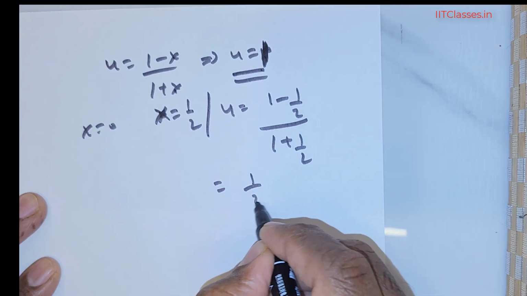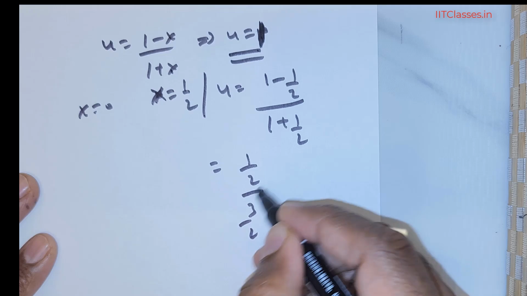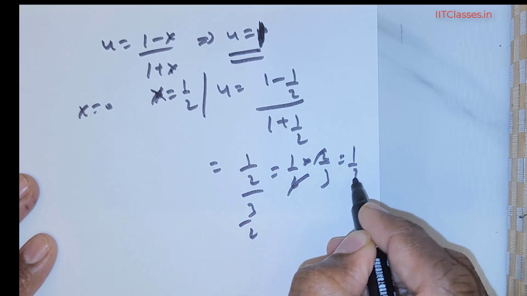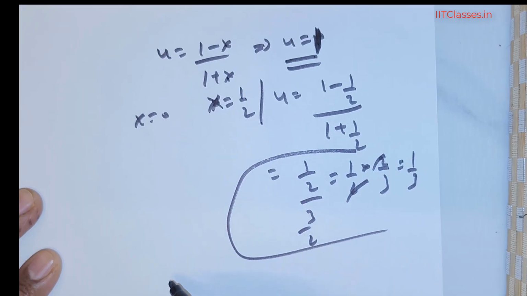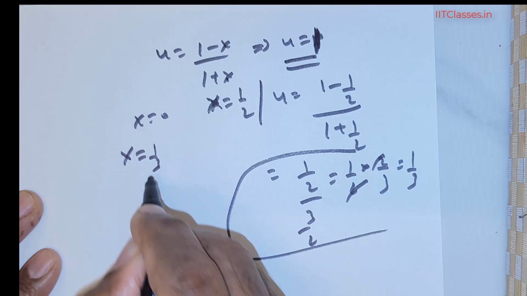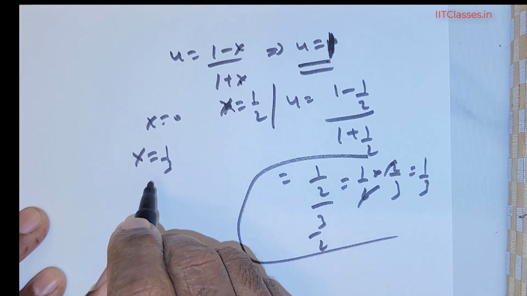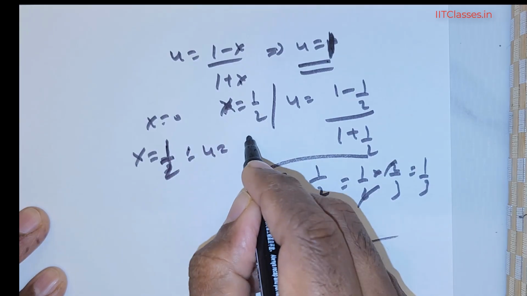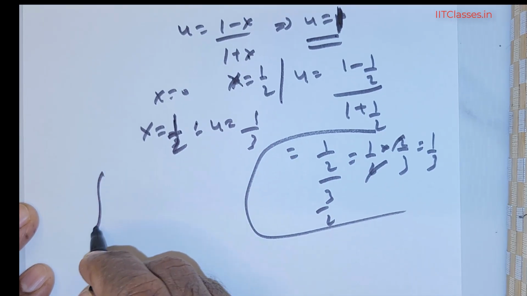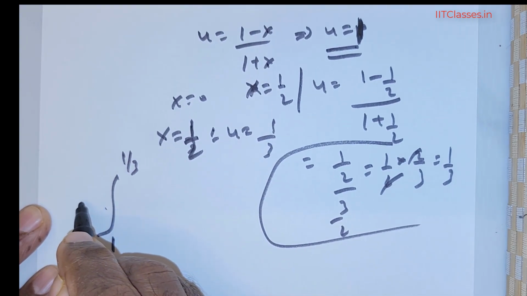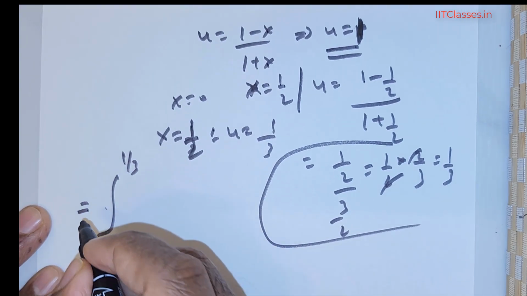This is 1 over 2, this is 3 over 2, so it's 1 over 2 times 2 over 3, which is 1 over 3. So x is equal to 1 over 2 and my u value is equal to 1 over 3. So the limits are 1 to 1 over 3.